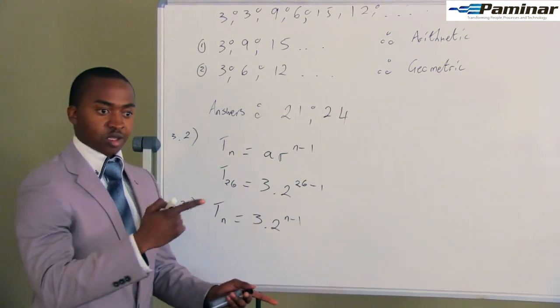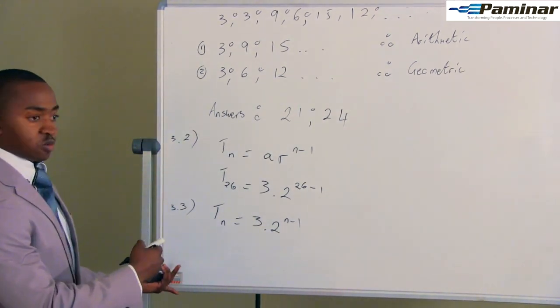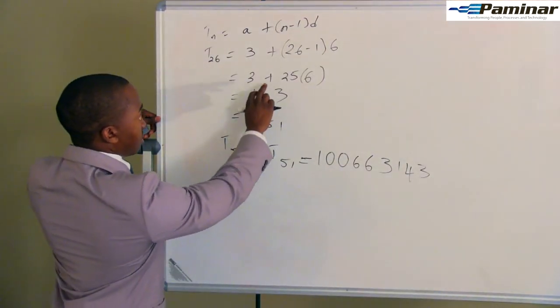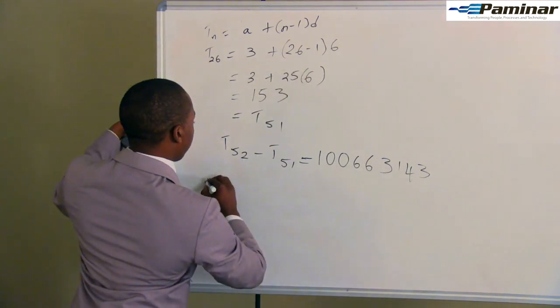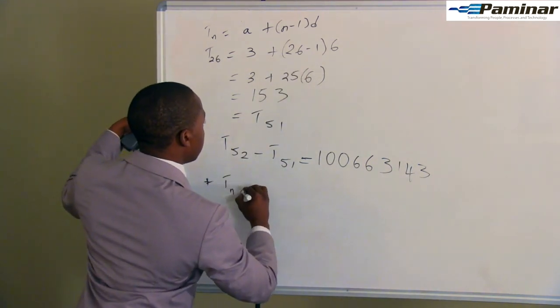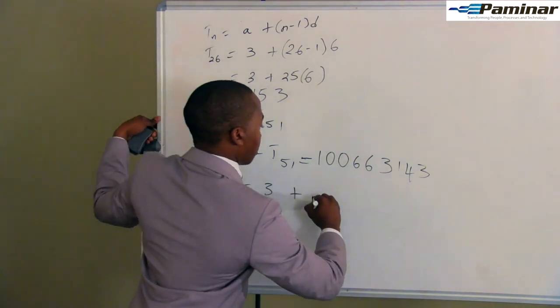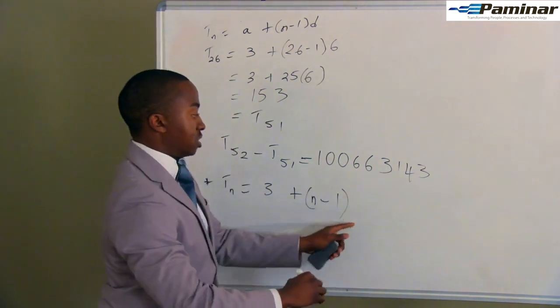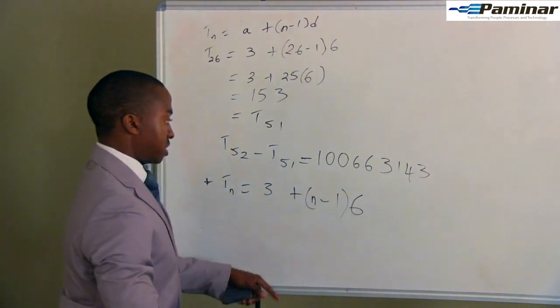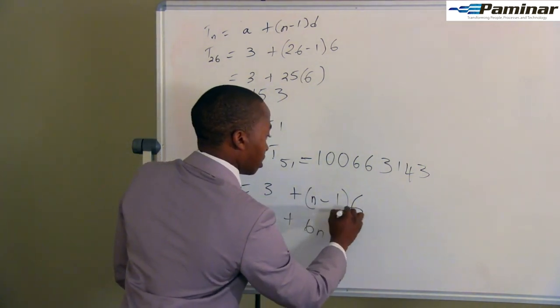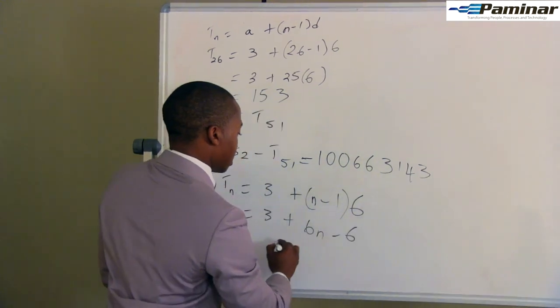Now let's check if the arithmetic part is divisible by 3. We'll go back to the part where we got our equation for the arithmetic. The general formula for the arithmetic is Tn equals 3 plus n minus 1, and what's your d? It's 6. Let's open up the brackets. 6 times n is 6n, minus 1 times 6 is minus 6.